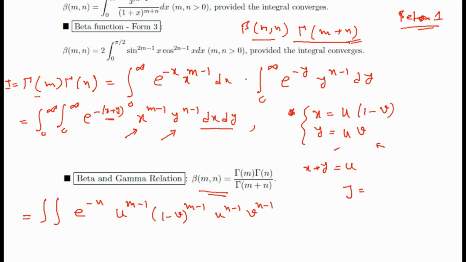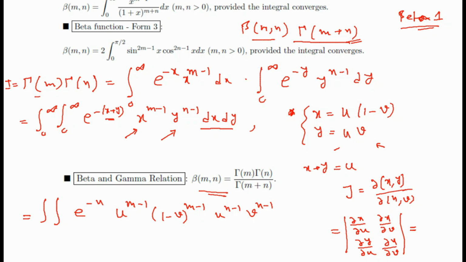So J equals del(x,y) by del(u,v), which is the determinant of del x del u, del x del v, del y del u, del y del v. And this is basically partial differentiation. What about del x del u? We partially differentiate x with respect to u, so only u is variable.